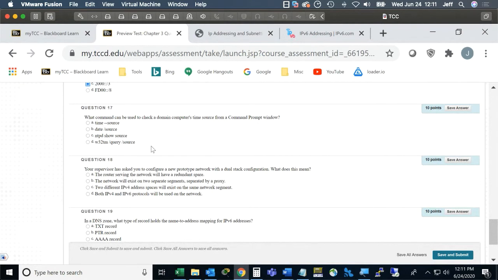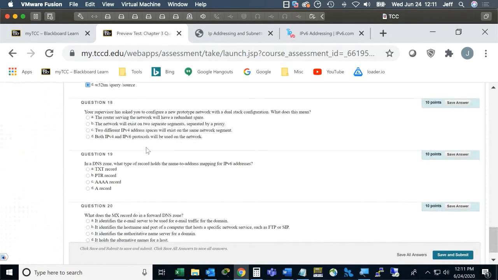The time source window. Wow. Yeah, I'm going to go with that, but that one's nothing I've done in years, or probably ever.